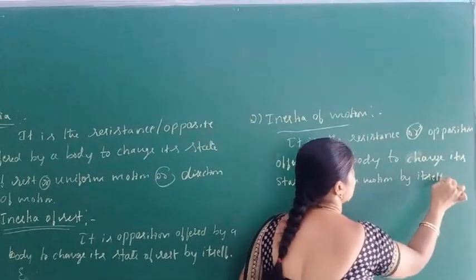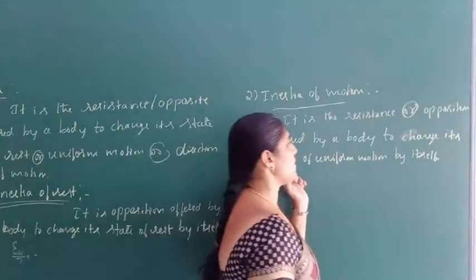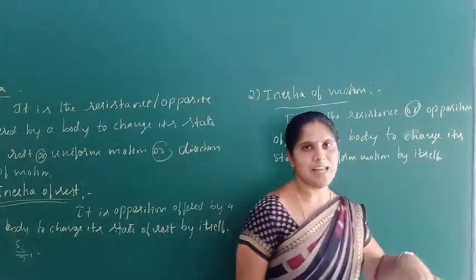What is inertia of motion? It is the resistance or opposition offered by a body to change its state of uniform motion by itself.